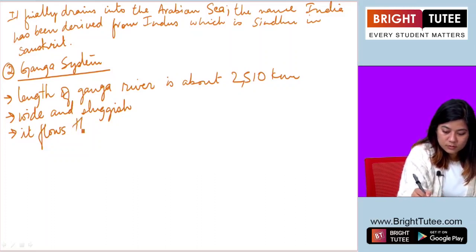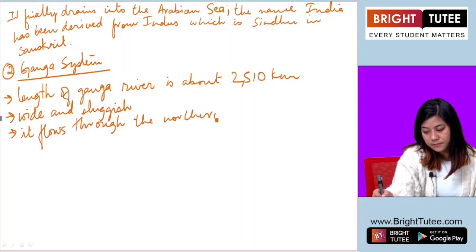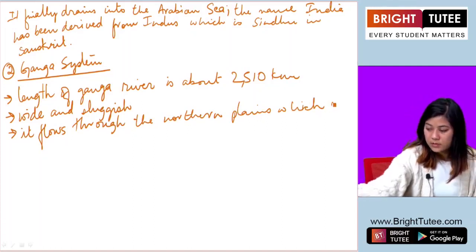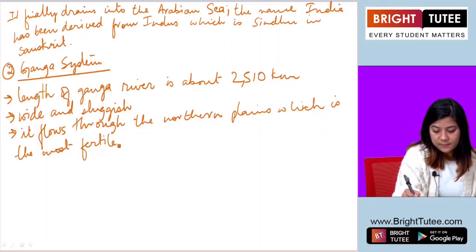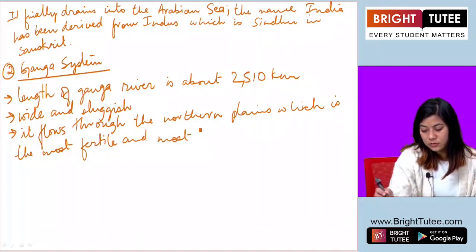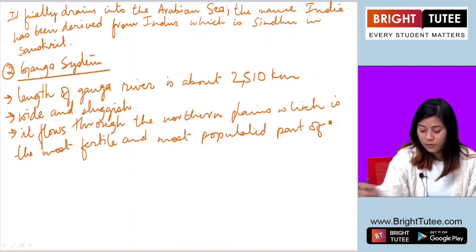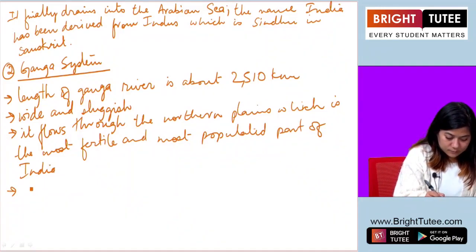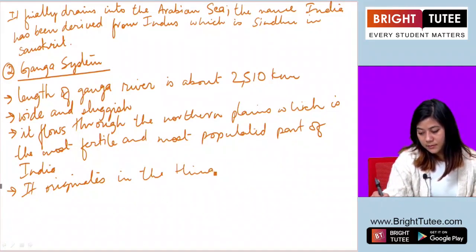It flows through the northern plains, which is the most fertile and most populated part of India. It originates in the Himalayas.